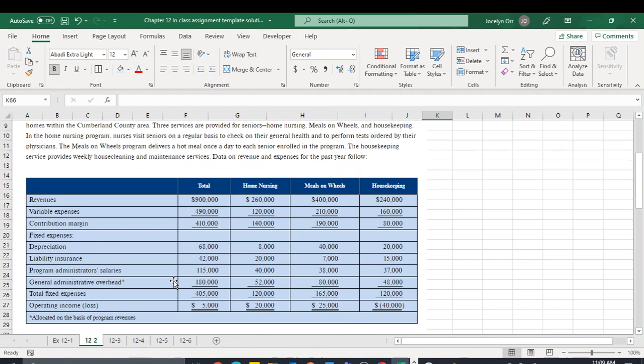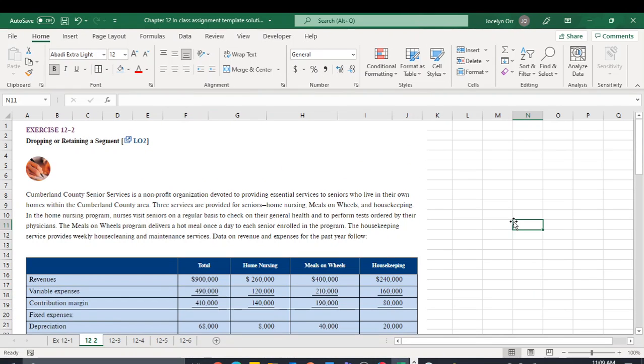So in terms of question number 2, we are looking at the decision on whether to drop or retain a segment. Cumberland County Senior Services is a nonprofit organization that is devoted to providing essential services to seniors who live in their own homes within the Cumberland County area. 3 services are provided for seniors: home nursing, Meals on Wheels, and housekeeping.